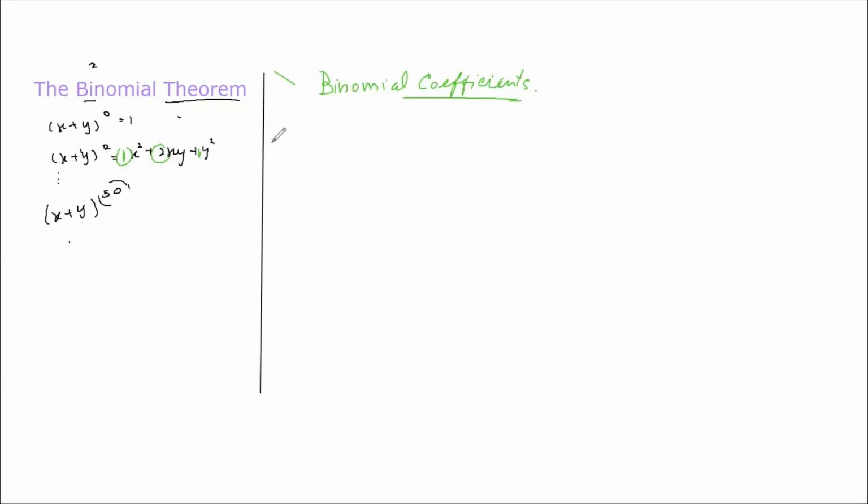Okay, so in the last lesson, we learned combination. Remember the combination formula nCr, correct? The formula nCr is n factorial over n minus r factorial times r factorial.